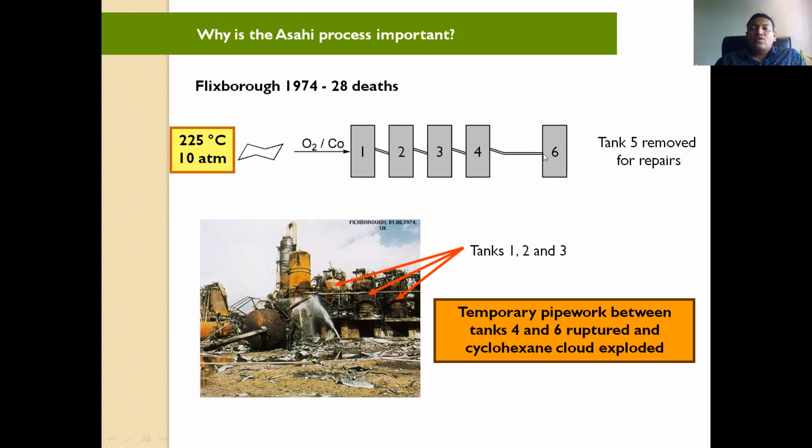And that was not proper. The temporary pipe work between tank 4 and 6 ruptured, and the cyclohexane cloud exploded, right? Because of this cyclohexane, these 28 deaths are something history has already seen.